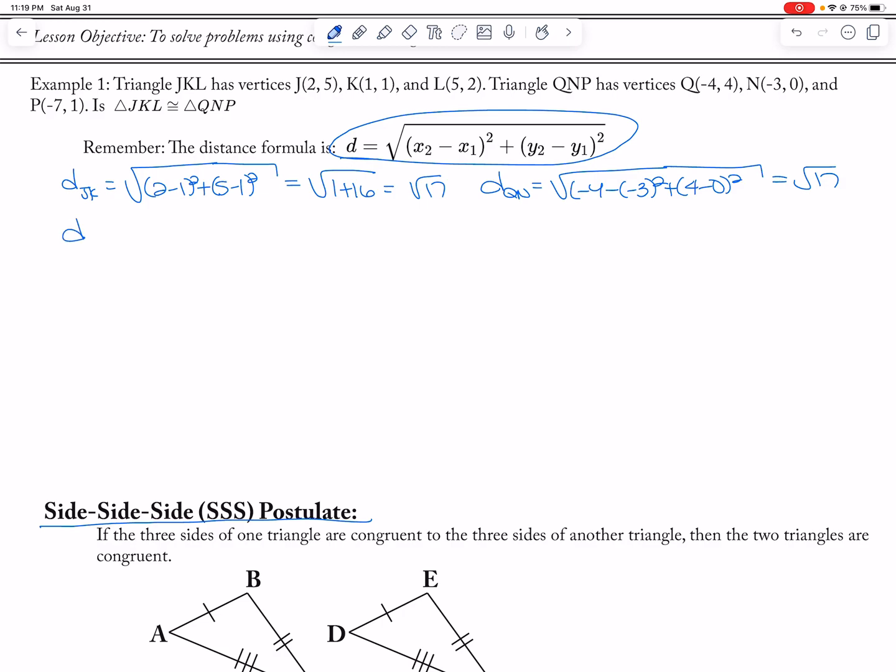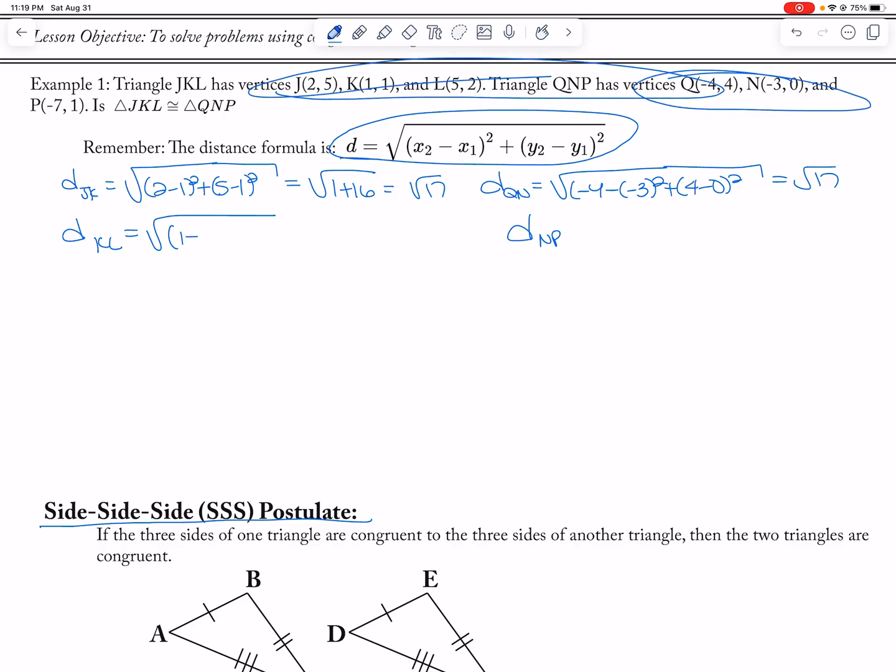So now I could go and do another one, KL, and I could also do NP, and then I could show that those were equal. I'm using all these vertices here.